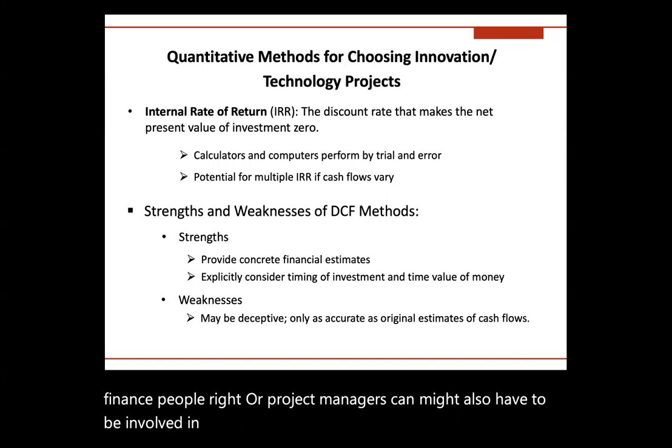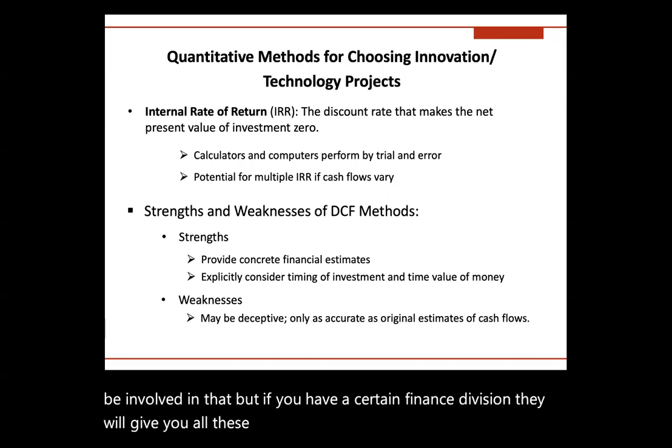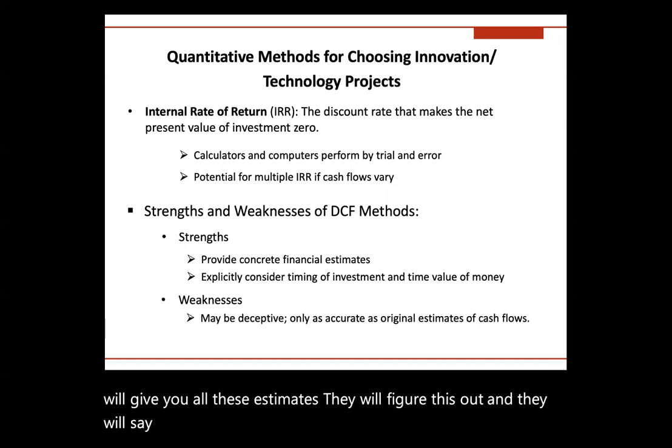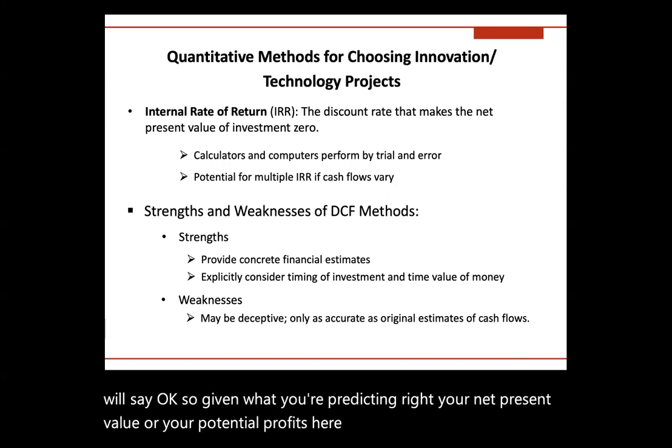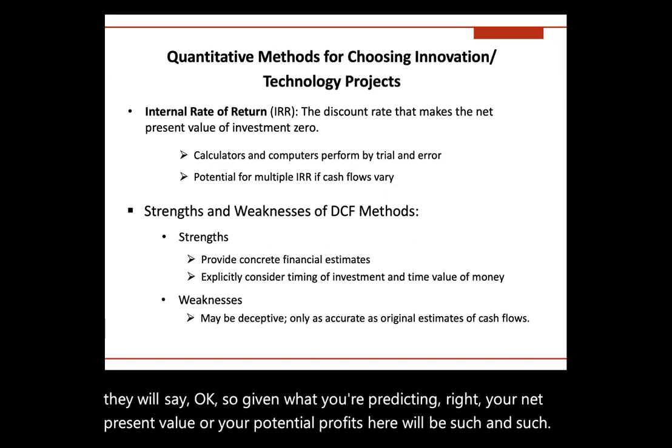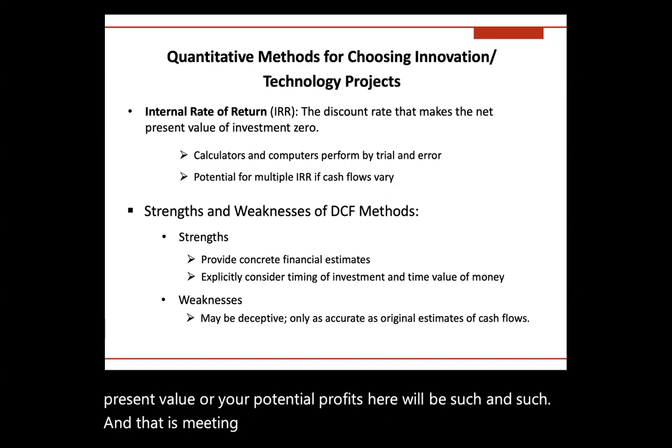But if you have a finance division, they will give you all these estimates, right? They will figure this out, and they will say, oh, okay, given what you're predicting, your net present value or your potential profits here will be such and such, and that is meeting our threshold, or is above our threshold, or below our thresholds.